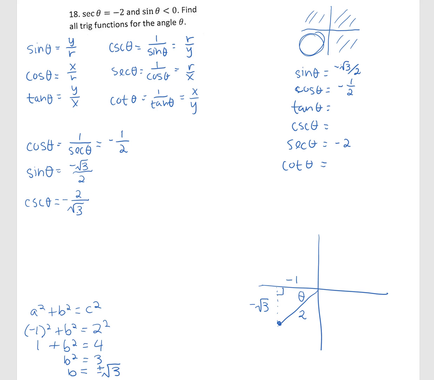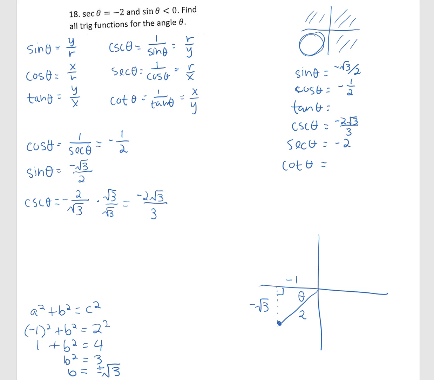And since we don't like having roots in the bottom of our fraction, what we can do here is just multiply by root 3 over root 3. And because that's just equal to 1, we get negative 2 root 3 on the top over root 3 times root 3 is just 3. So that's our answer for cosecant theta. Negative 2 root 3 over 3.